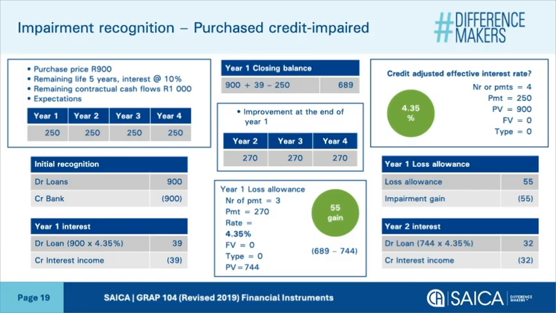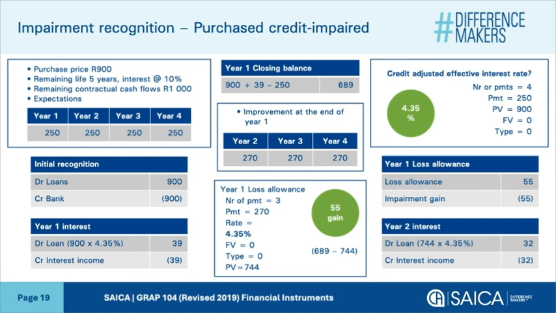Our initial 900 Rand plus 39 Rand interest, and let's assume we receive a 250 Rand payment, which means our closing balance is 689 Rand. It is assumed then, at the end of year 1, that our expectation of what we are going to collect as cash flow has improved, and for years 2, 3 and 4, we expect to collect 270 Rand and no longer just 250 Rand.